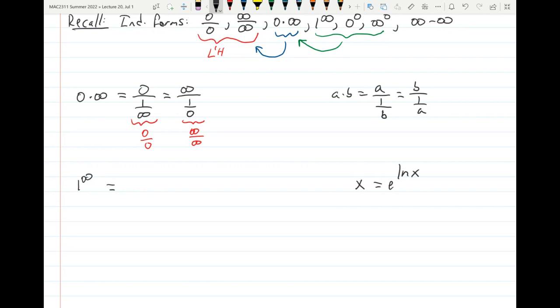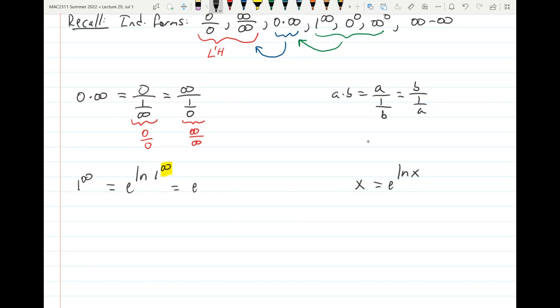Why? Because now 1 to the infinity, I can write as e to the ln of 1 to the infinity. I'm just basically using the property that I just mentioned, the fact that e and ln cancel each other. Remember, e to the x and ln of x are inverse functions. So why are we bringing in ln? Because now we can bring this exponent down, right?